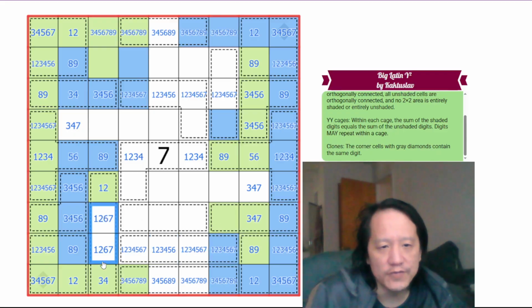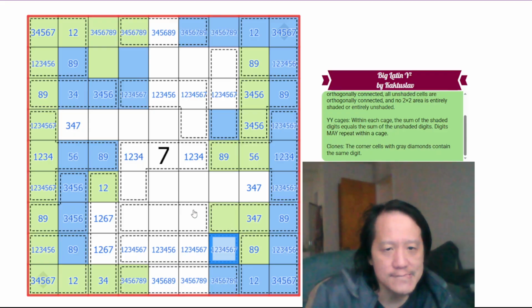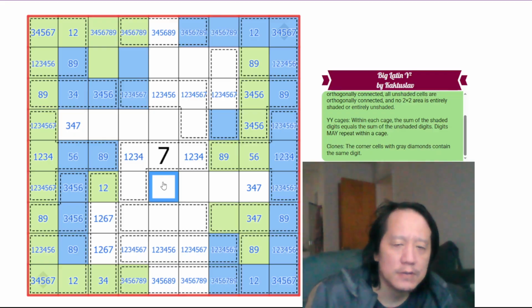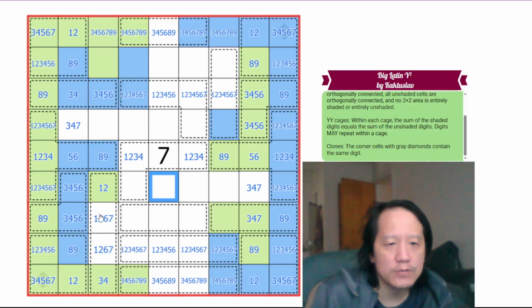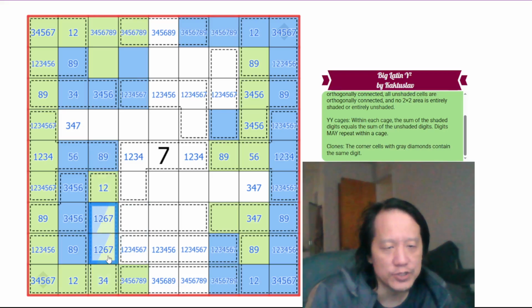But that's specifically for this one. One of these has to be blue. So one of these is green, one of these is blue. We don't know which. It needs a blue because otherwise it doesn't add up to each other.